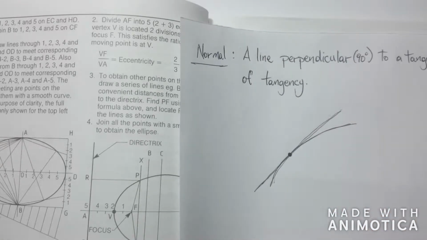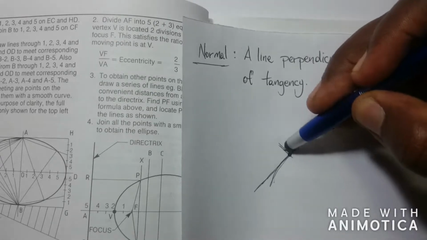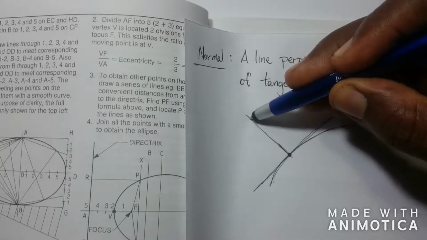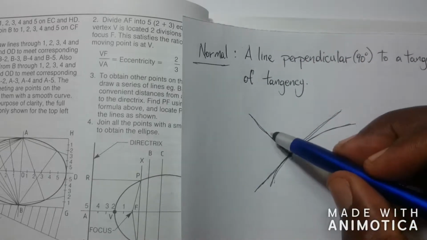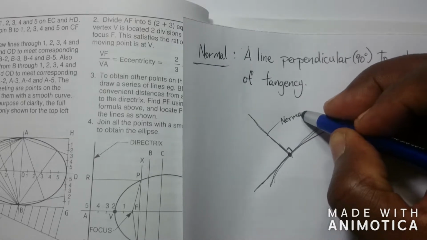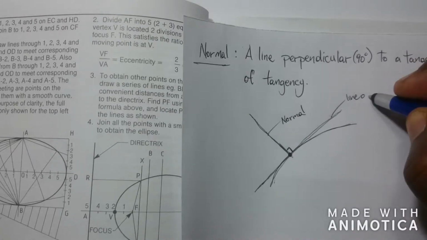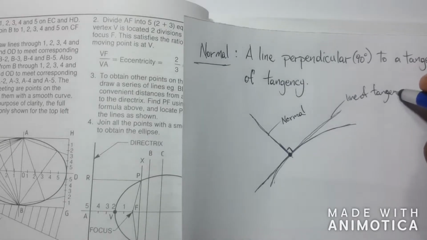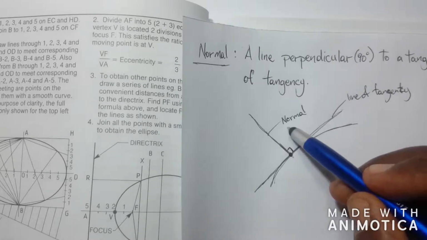Any line that is 90 degrees to that tangent, anywhere on the curve, is going to be called the normal. So this would be the point of tangency, and that would be called the normal.